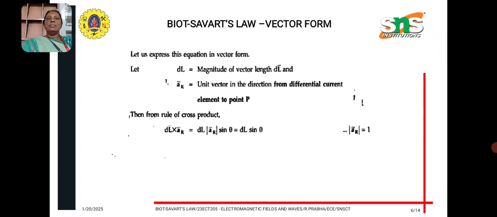Now let us express this expression in vector form. In vector form, dl is the magnitude of the vector length dl, and ar vector is the unit vector in the direction from the differential current element to the point P. From the rule of cross product, we can write dl cross ar vector is equal to dl times magnitude of ar times sine theta, and we know that the magnitude of ar is equal to 1, so dl cross ar vector is equal to dl sine theta.